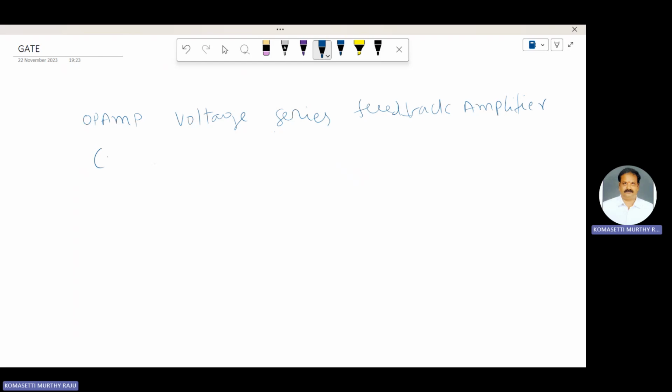It is also called a non-inverting amplifier with feedback. Non-inverting operational amplifier, Opamp, with feedback.